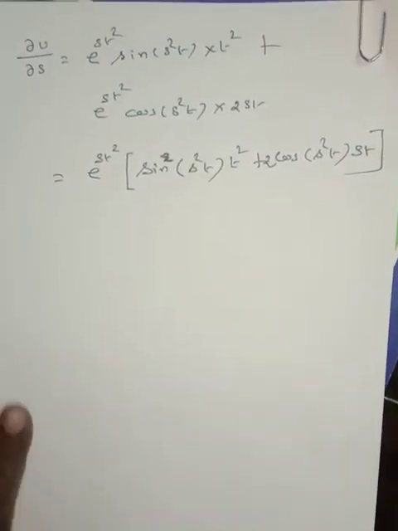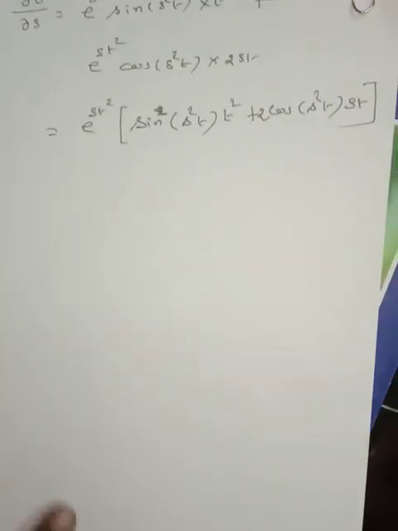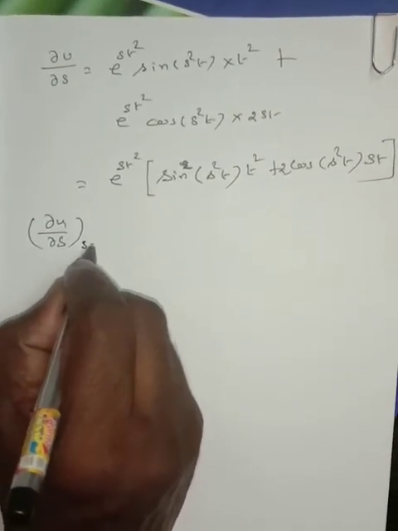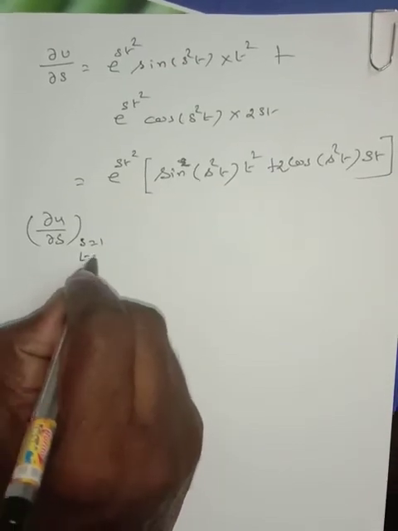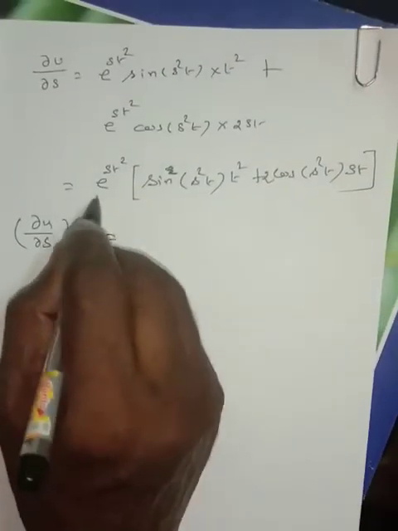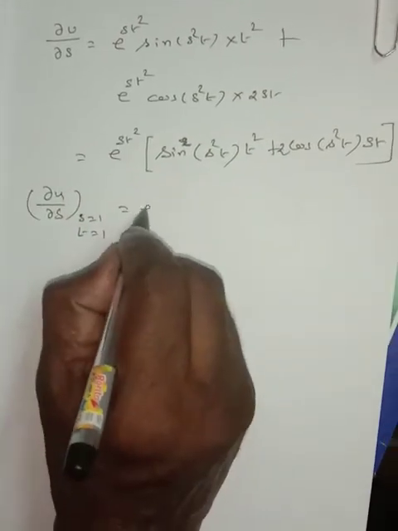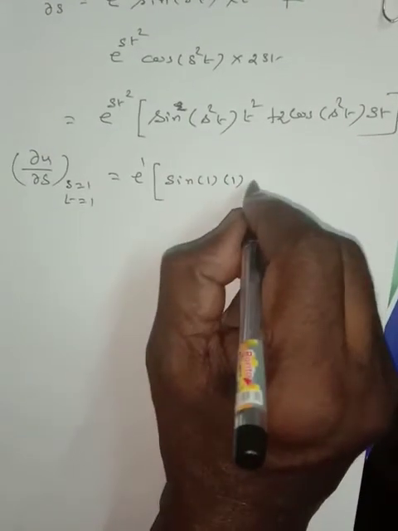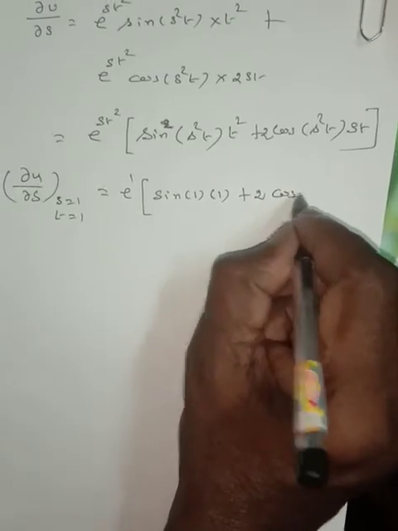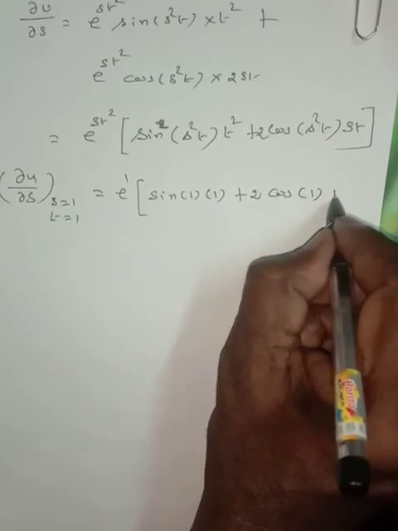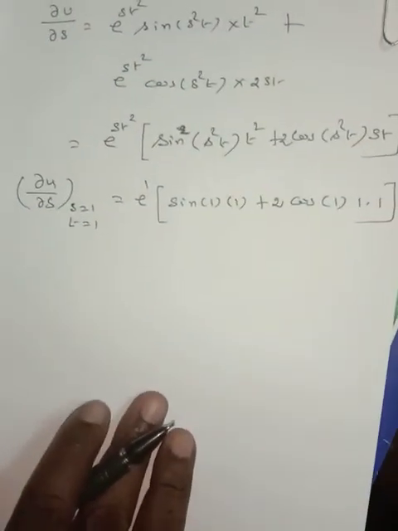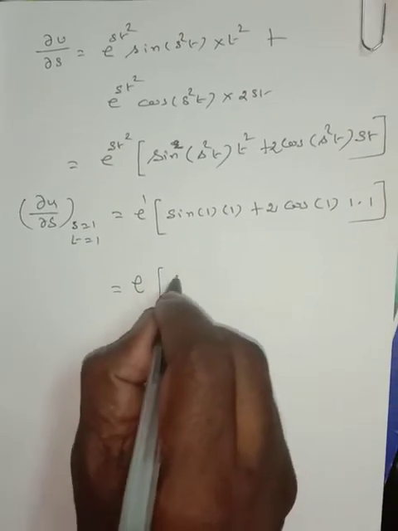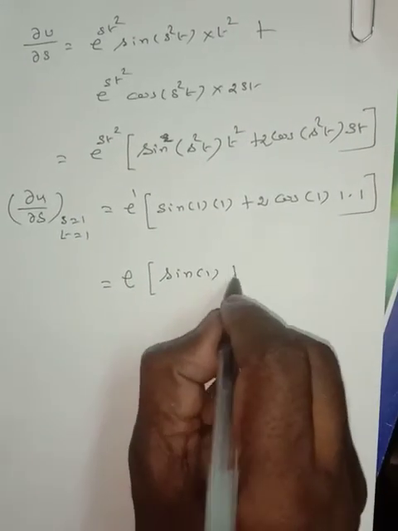Now dou u by dou s at s is equal to 1, t is equal to 1 is 1 into 1 square, therefore e to the power of 1, sin 1 into 1 plus 2 cos 1 into 1 into 1, is equal to e to the power of 1 is e, sin 1 plus 2 cos 1.